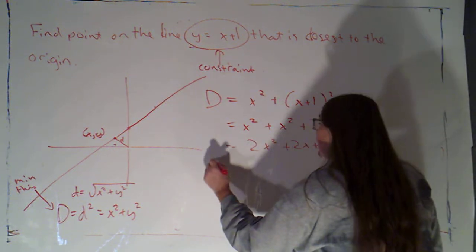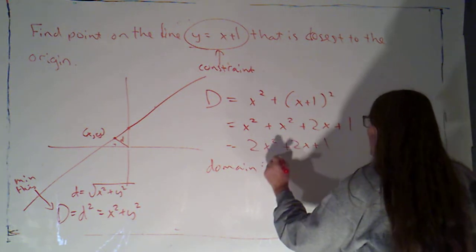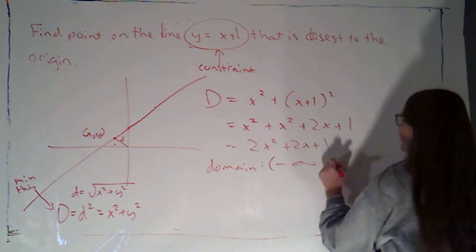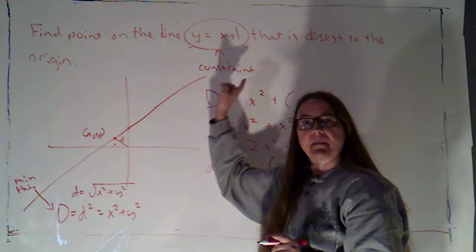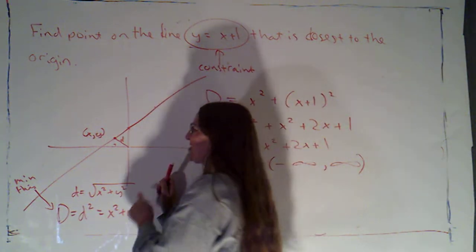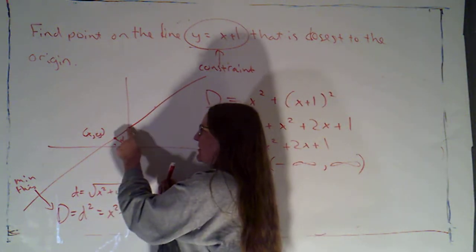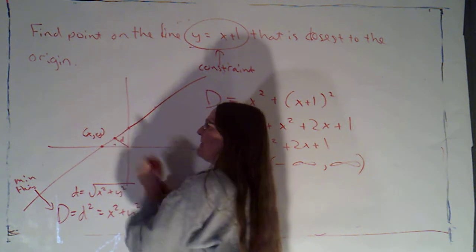My domain, I'm just going to say the domain is everything from negative infinity to infinity. That's the domain for all points that are on the line. I will point out that I can pretty much see that the point that's closest to the origin is going to be somewhere in between this point and this point.